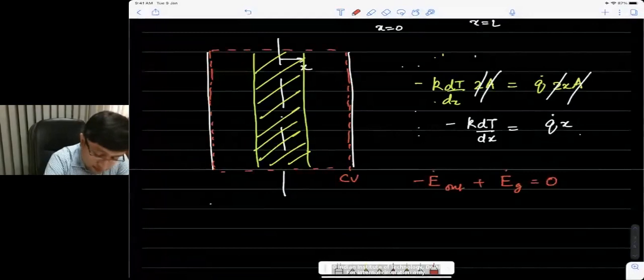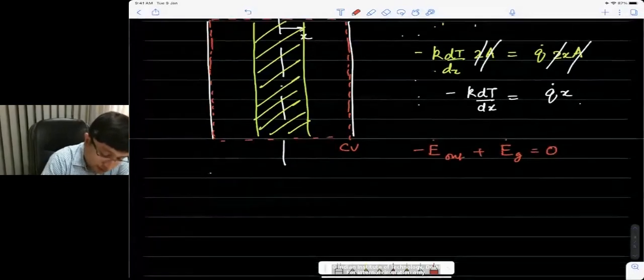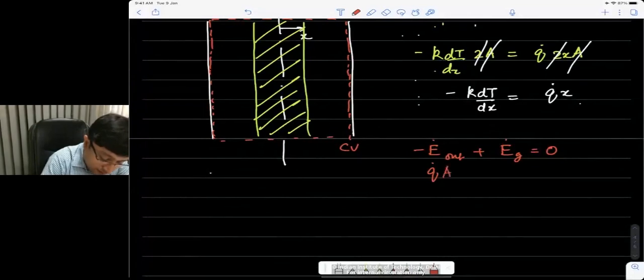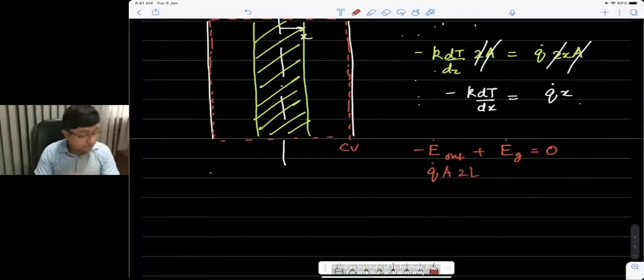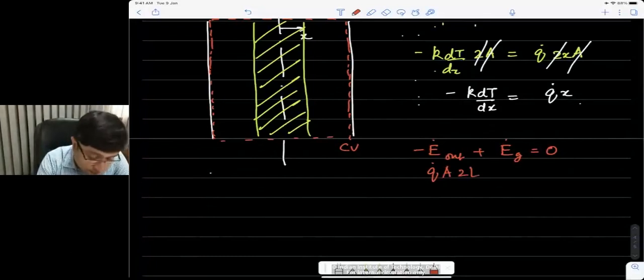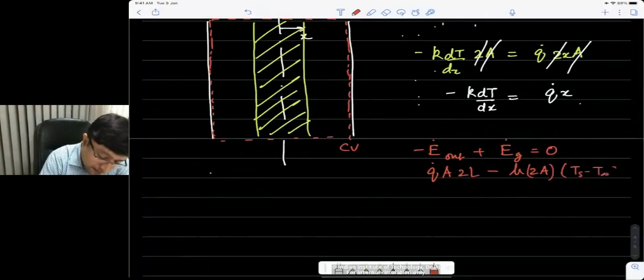So what is E dot generation? This would be q dot into A into 2L, that is the total heat being generated in this volume, minus what is going out in the form of a convective flux. So we have h into 2A, because there are two areas from which heat transfer is taking place, into (Ts minus T infinity).